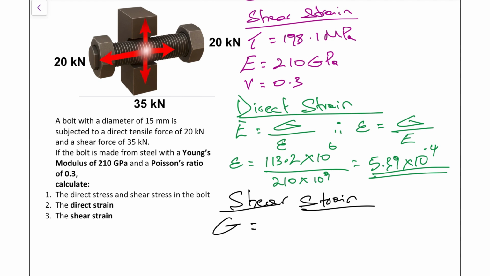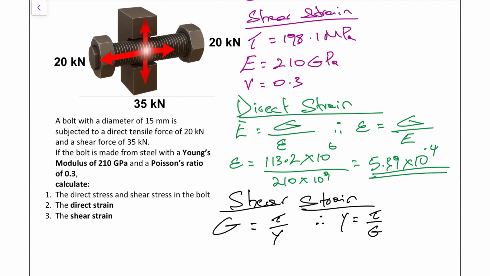Similar to the modulus of elasticity, where we had stress divided by strain, here we have shear stress divided by shear strain. To find our shear strain, we rearrange this to get shear stress divided by modulus of rigidity. Now there is a slight issue because we don't have a value for the modulus of rigidity.